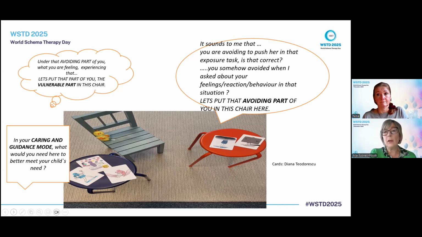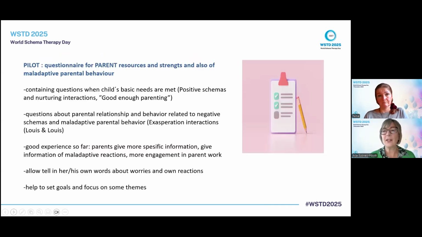And the third little chair is for the vulnerable part mode. And of course, we always want to make contact with that mode, meet the parents' own needs, and support the parent to meet the child's vulnerable part.